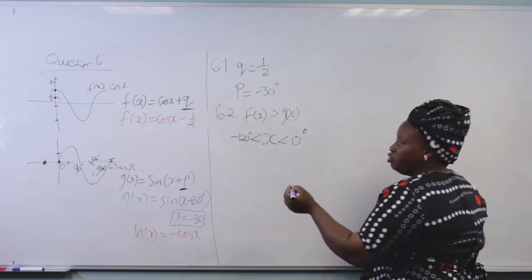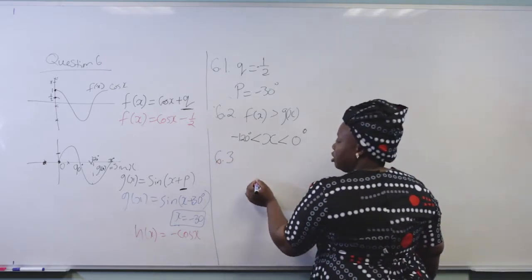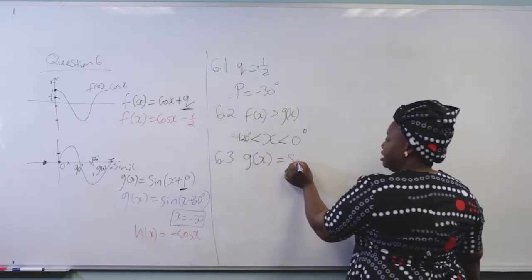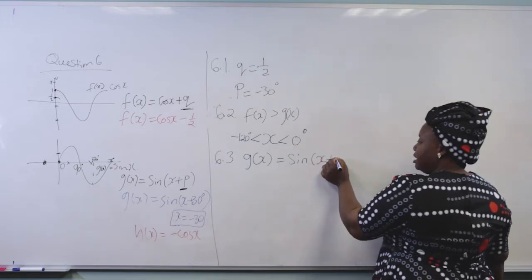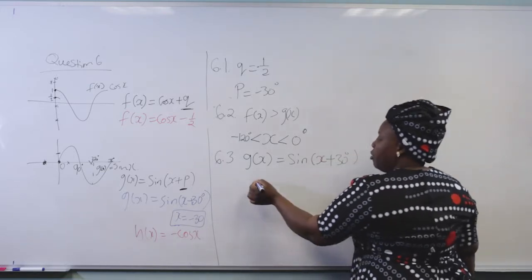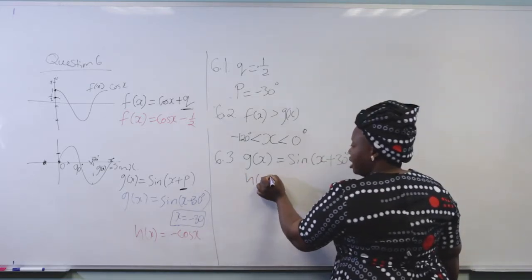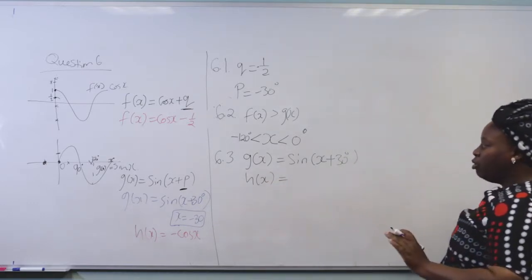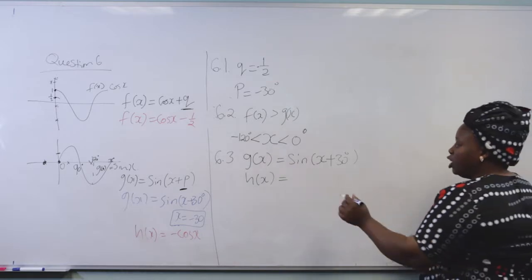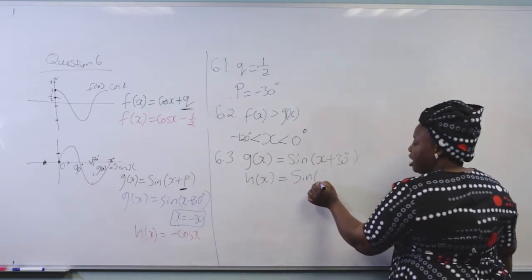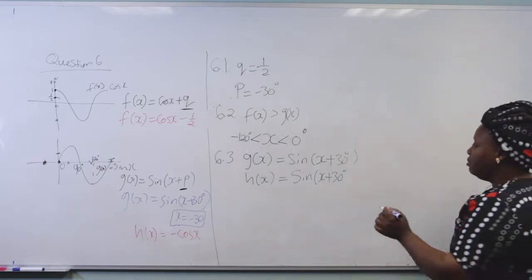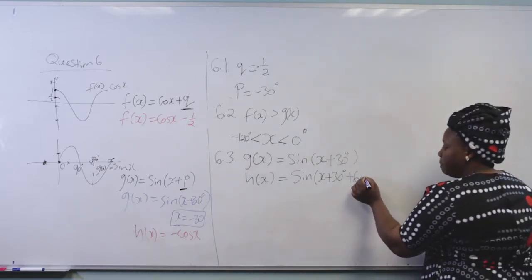Now, what is going to happen to g of x? That is 6.3. So I'm going to put that g of x down for us to move it to h of x. That is our g of x, sine of x plus 30 degrees. If I want to make it h of x, somehow it must have 90. So if I have sine of x plus 30, to make it 90, I'll have plus 60.